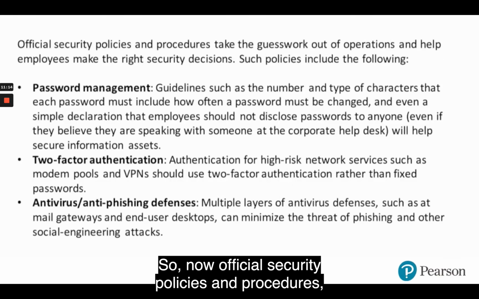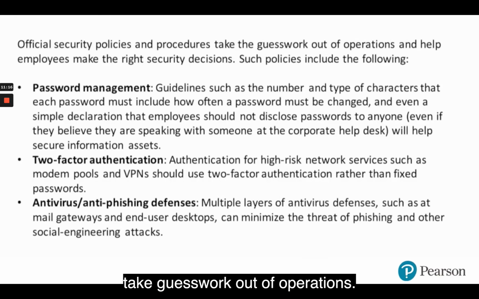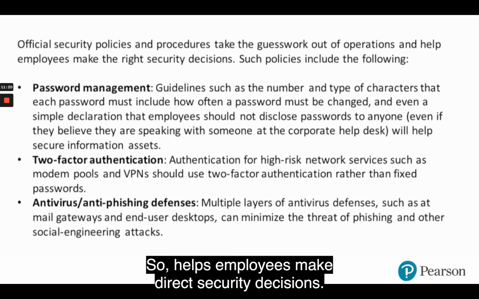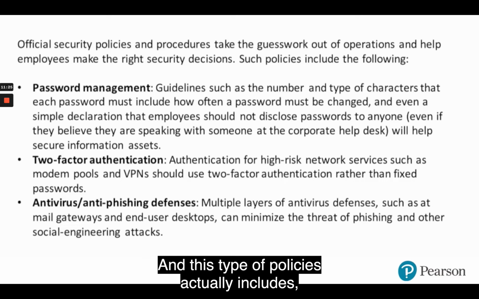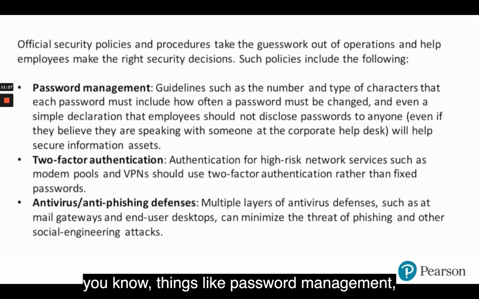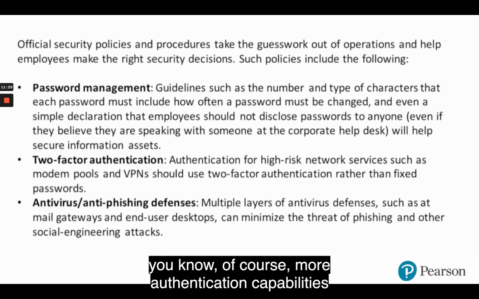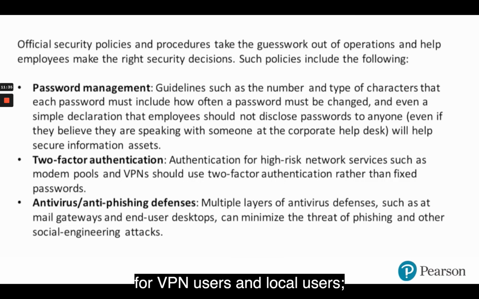Now, official security policies and procedures take the guesswork out of operations, so they help employees make the right security decisions. This type of policy includes things like password management and, of course, more authentication capabilities for VPN users and local users, like two-factor authentication.